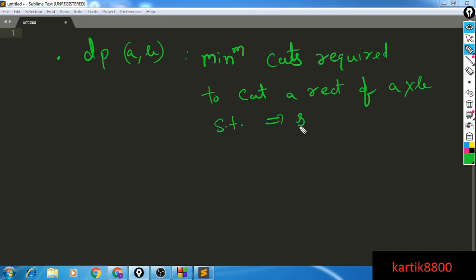So that rectangle breaks down into a bunch of squares. Okay, so this will be my DP of a comma b.